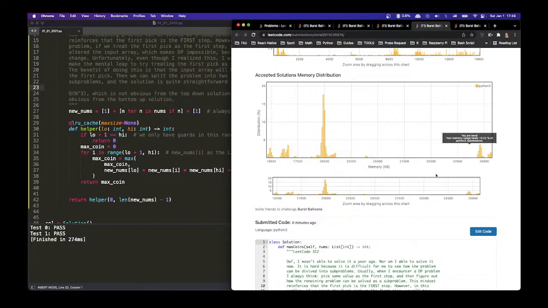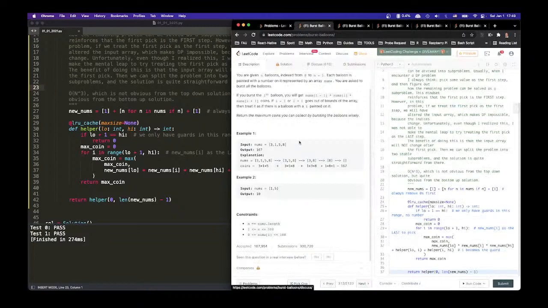All right, let's do this. Bottom up. We know that it's low and high, so it's going to be a 2D table. That's fine. Let's use this as an example. We have 4 values in this one, so we need 6 indices: 0, 1, 2, 3, 4, 5.